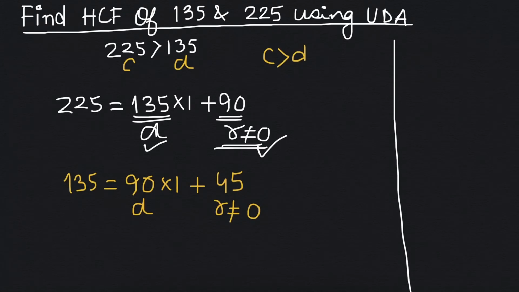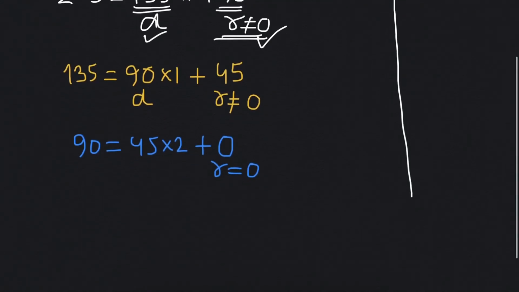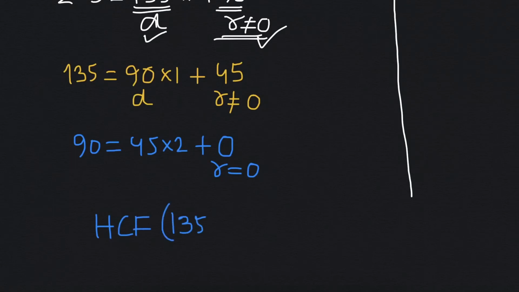So again, if we apply, 90 is equal to 45 times 2 plus 0. So here the remainder becomes 0. So what we can conclude is the HCF of 135 and 225 is equal to what? 45, this value.